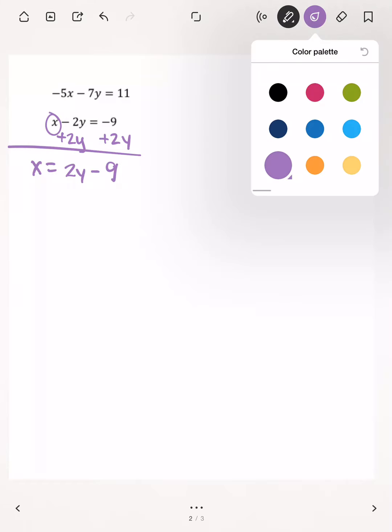To do that, I need to move over this 2y. So I do the opposite. It's negative, so I'm going to add 2y to both sides. So I get x equals 2y minus 9. Now I'm going to plug this in for the x value in the first equation.